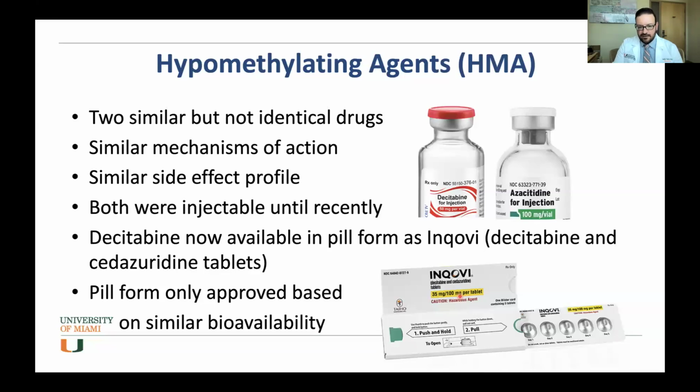This pill is approved only on the basis of a similar bioavailability. That means they gave patients the Inqovi and they gave patients the IV decitabine, and showed that they got to the same levels in the blood. They didn't do a comparison randomizing them to injection or oral, but for the most part, if they get to the same levels in the blood, they should have the same effect.